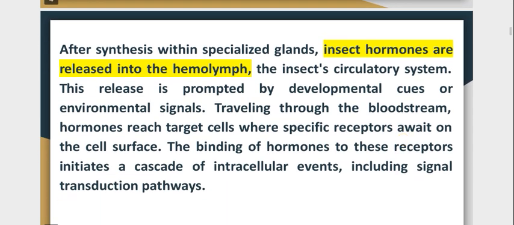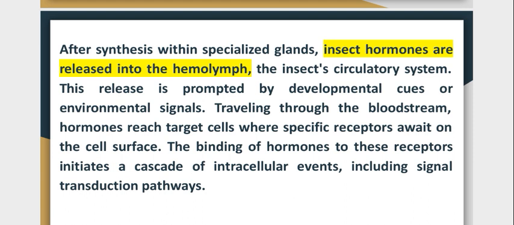Okay, so after synthesis happens, which is happening within the specialized glands, insect hormones are released into the hemolymph. I told you, whenever a message is to be delivered, the chemical messengers need to be released into the hemolymph, the insect circulatory system.